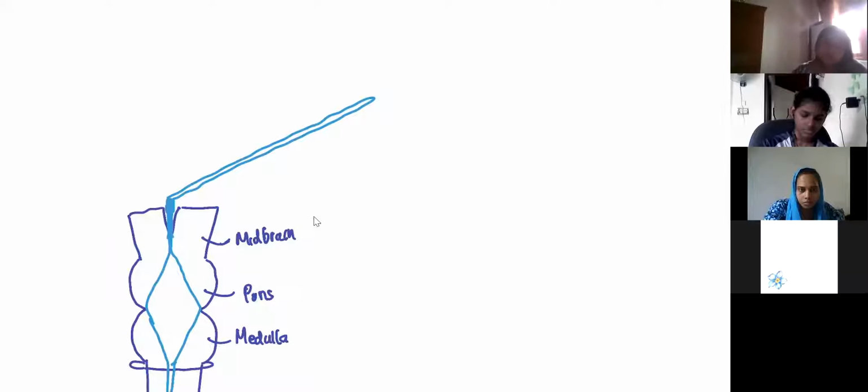Okay. This is the third ventricle. What is this structure over here? Give me a second. I'll just draw it like this. Wait, guys, wait. What is this structure?